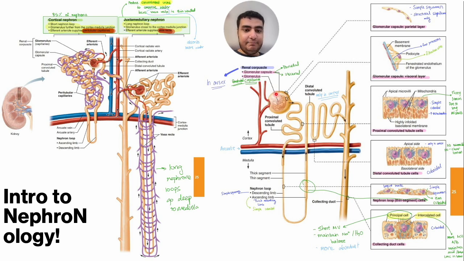So what happens is, following the filtration of blood, or the formation of the filtrate, this filtrate collects in the Bowman's capsule or the glomerular capsule, which consists of a simple squamous parietal layer, which is not that important in terms of functionality, aside from forming the outer layer. However, we have a very specialized visceral or inner layer, which are the podocytes shown here.